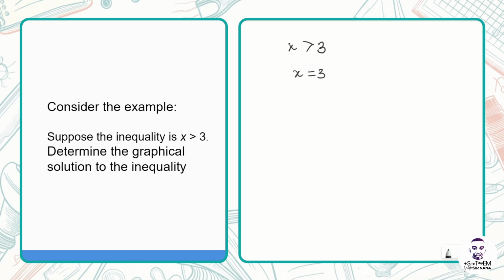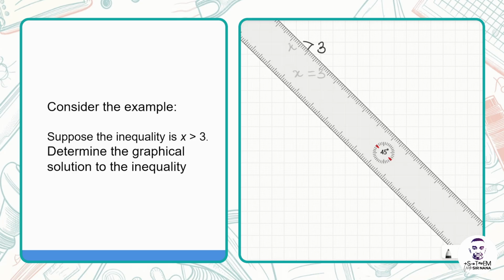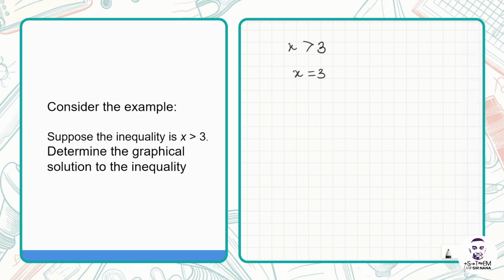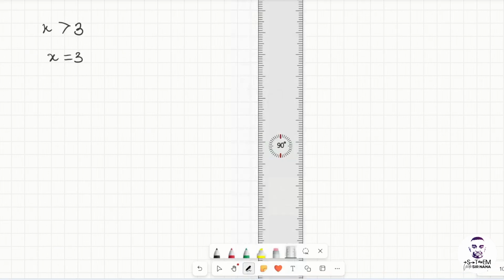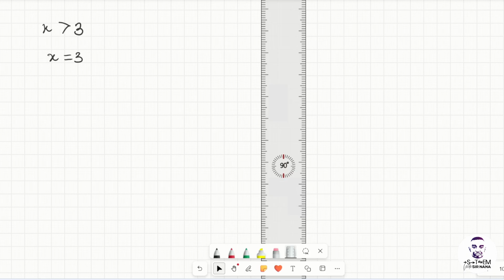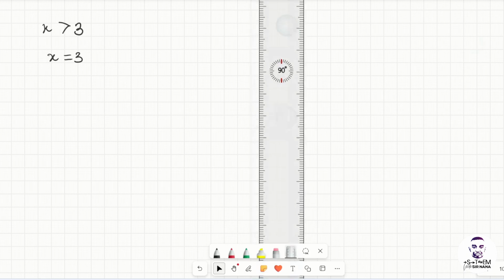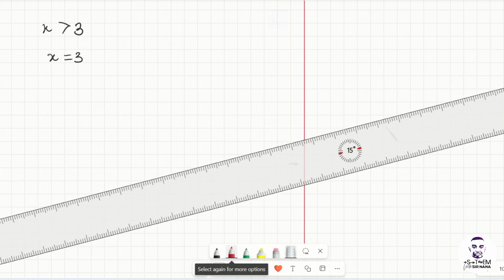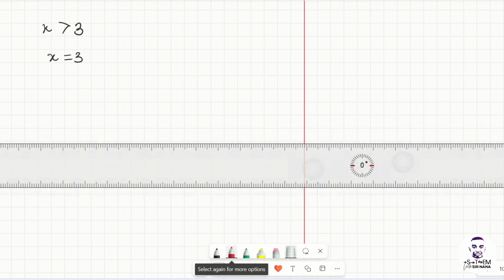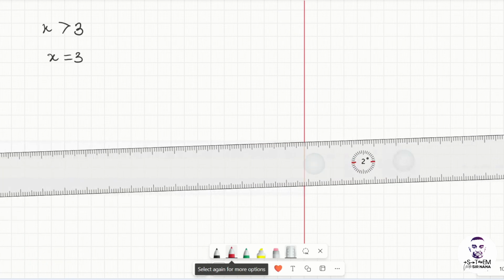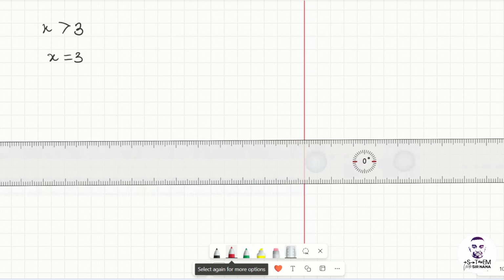So simply go to our graph. Once we pick our graph, we would have our lines that would help us to graph the solution. So we have our line here, and let's use a more vibrant color, and then we'll have one here. So that is our x-axis and our y-axis drawn.